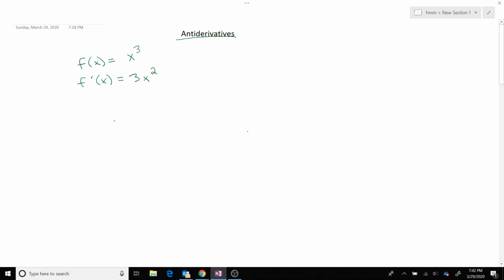If the function was x cubed, then the derivative would be 3x squared. Now, what's interesting though, gentlemen, is this is not the only answer to this question. There are many functions whose derivative would end up being 3x squared. For example, if f of x is equal to x cubed, the derivative is 3x squared.